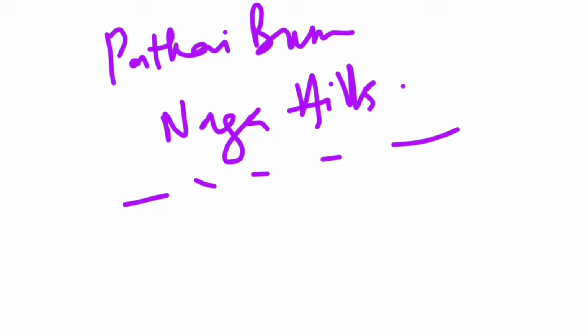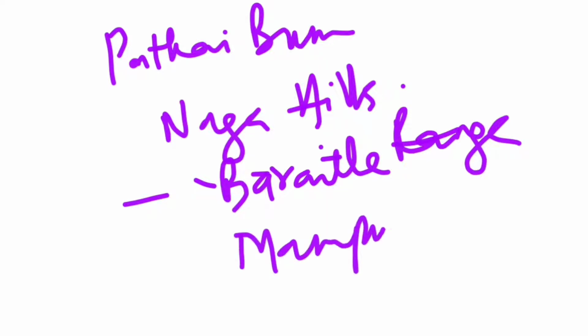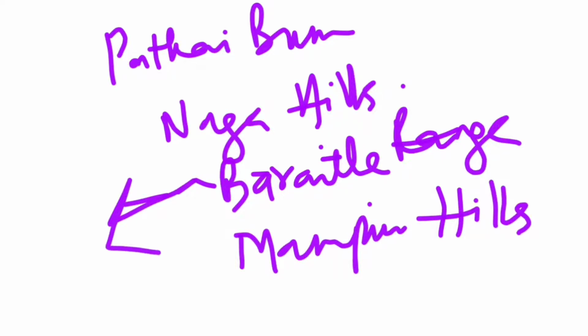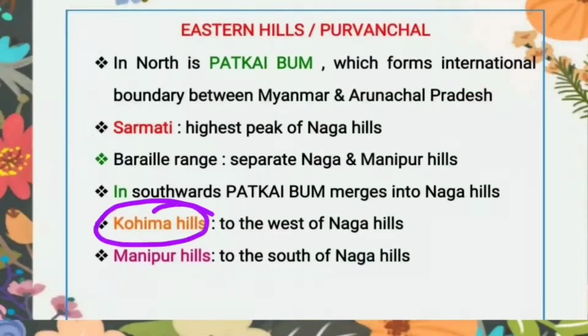And then there is another range called the Bareil range, and this range is separating the Naga Hills from the Manipur Hills. And to the west of the Naga we also have the Kohima Hills, and to the south is the Manipur Hills.